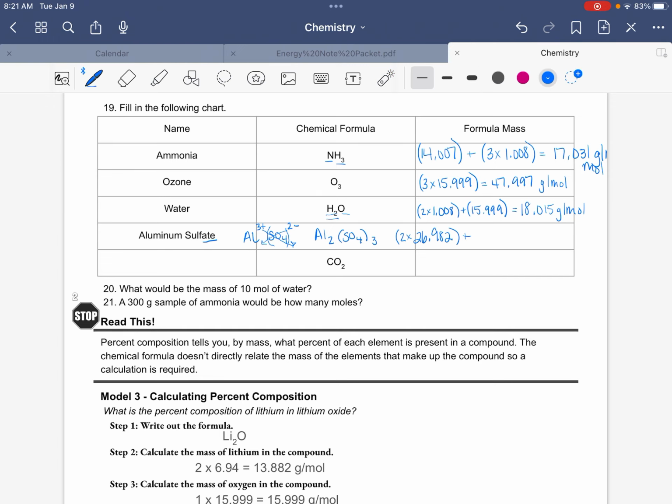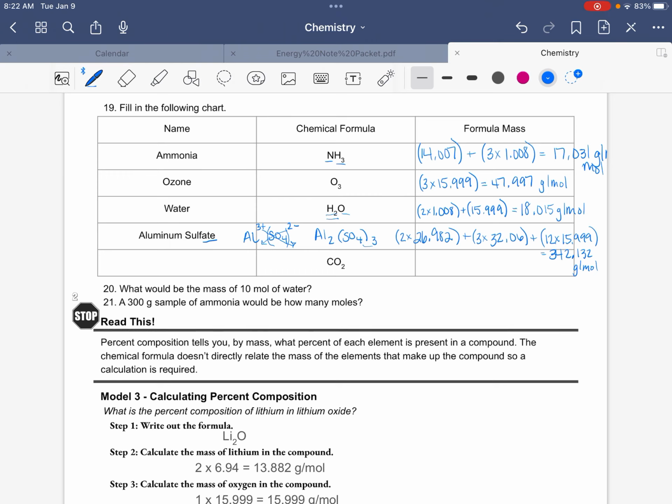So for sulfur, I'm going to have 3 sulfur, so 3 times the mass of sulfur, 32.06. And for oxygen, 3 times 4, so 12 oxygen, so 12 times 15.999. When I add all of these together, I'm going to get 342.132 grams per mole.